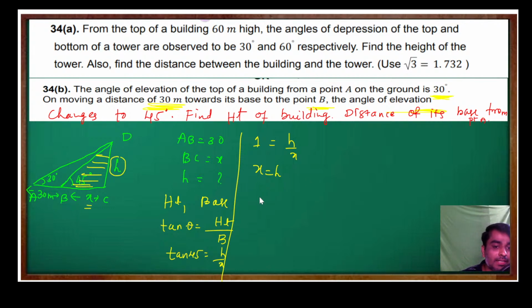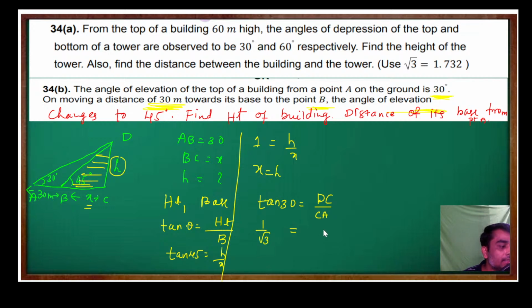Now take the other triangle, the bigger triangle. There the angle is tan 30. Tan 30 will be equal to DC by CA, opposite upon base. Tan 30 means 1 by root 3.